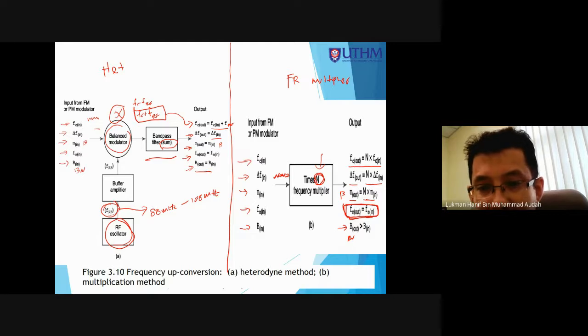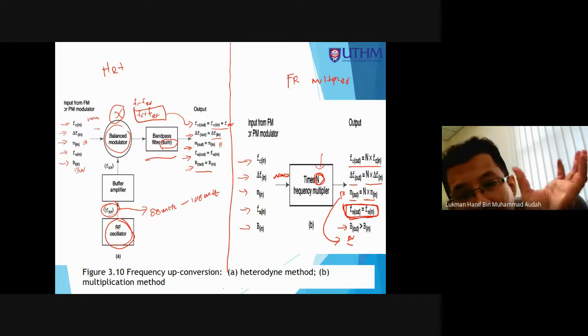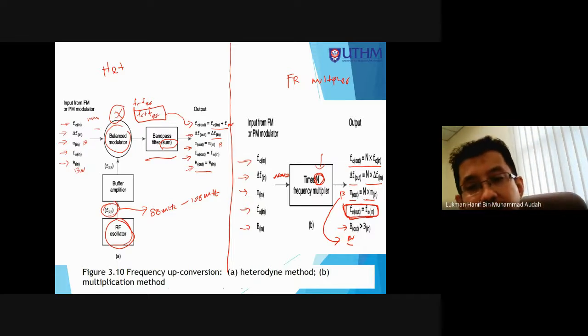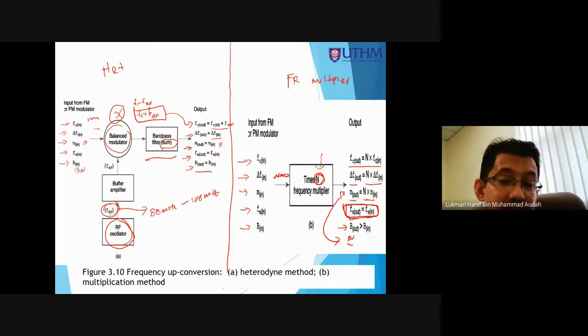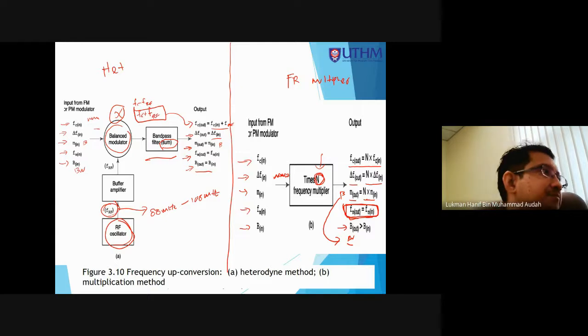In order to determine the bandwidth, we need to refer to the beta parameter, and we need to check the Bessel table. If beta is increased, that means the bandwidth also gonna be increased. Okay, kalau beta bertambah, berganda, bermakna bandwidth menjadi semakin besar. Berapa besar? Kita perlu rujuk kepada Bessel table.